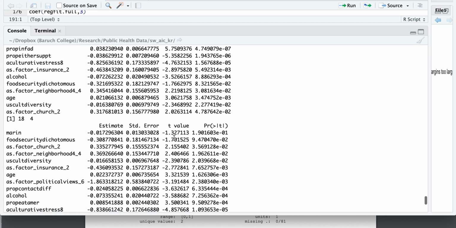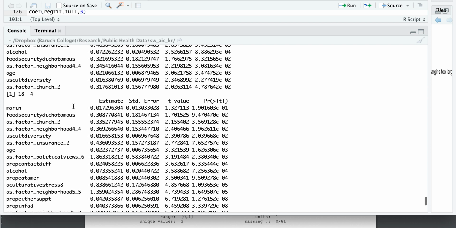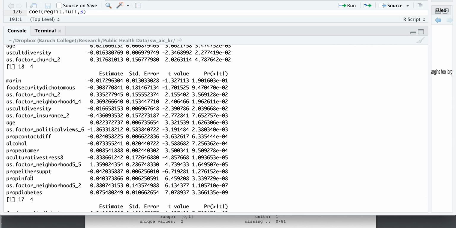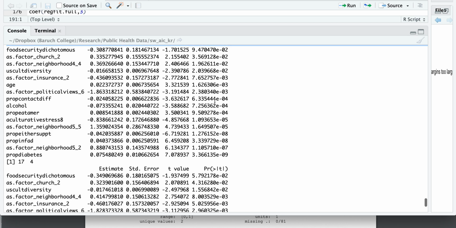And prop act with is not here anymore. And now this is the largest one, so the next step, marine, should be removed because it's also greater than 0.1.